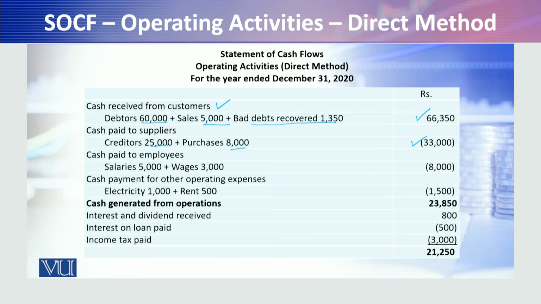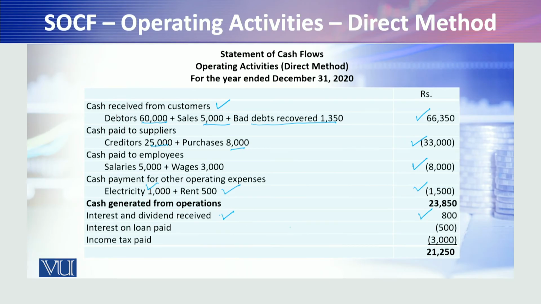Then the payment that we made to employees, salaries and wages. These are cash paid to and on behalf of employees. And then other payments relating to the operating expenses, so electricity and rent, placed over here. As I told you, interest and dividend received, although we can place this in the investing activities, according to IAS 7 it is permissible that we can treat it under the operating activities.